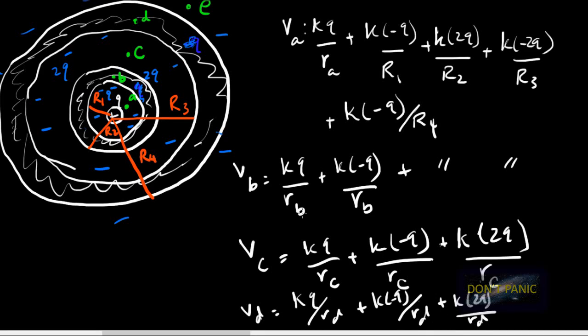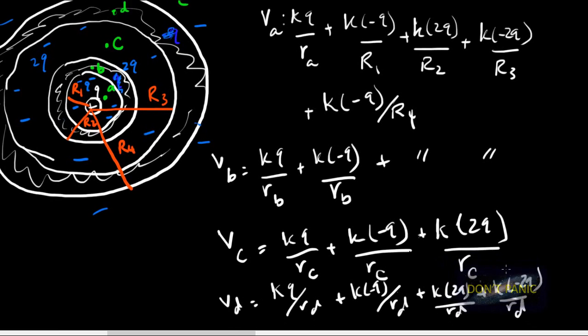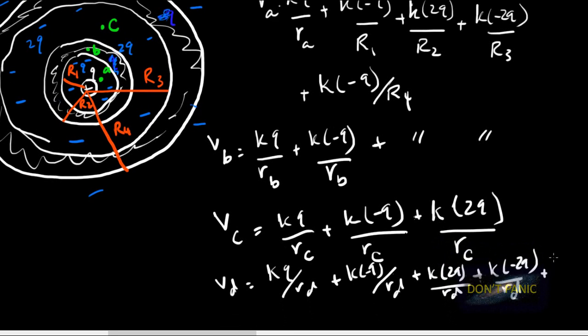Okay, so 2Q was this one, and now you're outside this one also, so that becomes K times negative 2Q over RD plus K times negative Q over R4, because you're inside that.